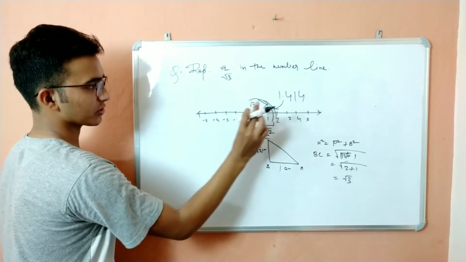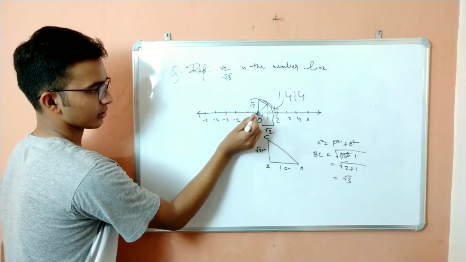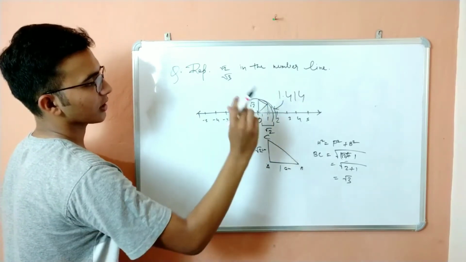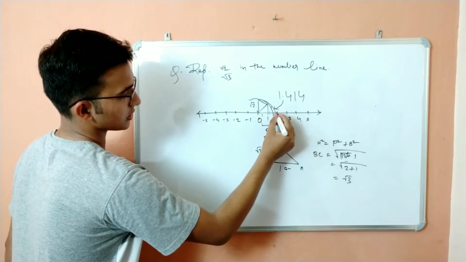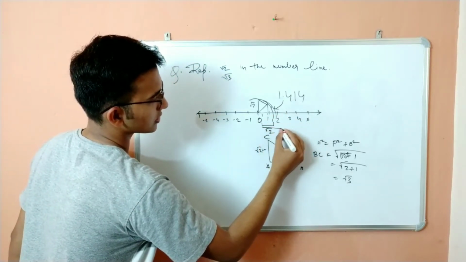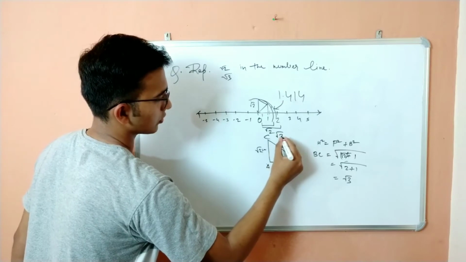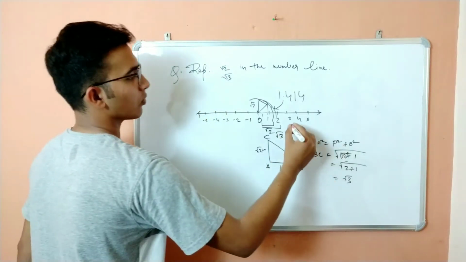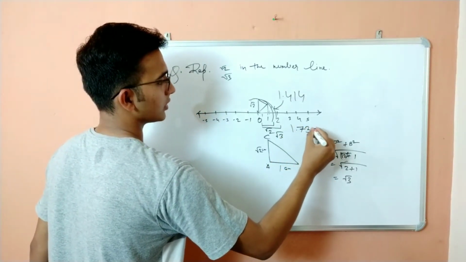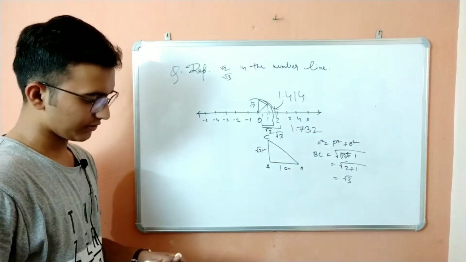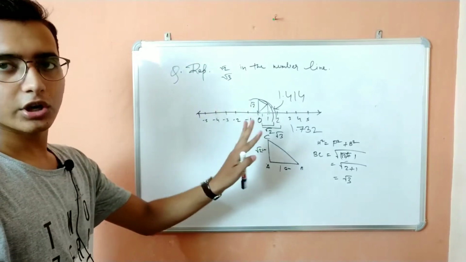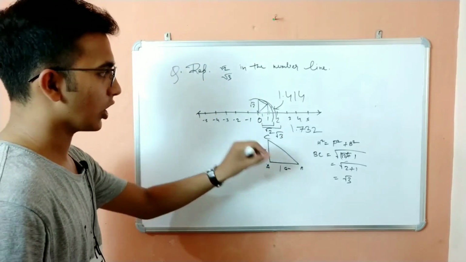Take your compass, measure this one, put your compass over here, and then draw an arc or cut an arc. When you do that, you get the point. This is root 3, which is 1.732. I know this looks quite messy and it might be difficult for you to understand, but I guess you got the idea.